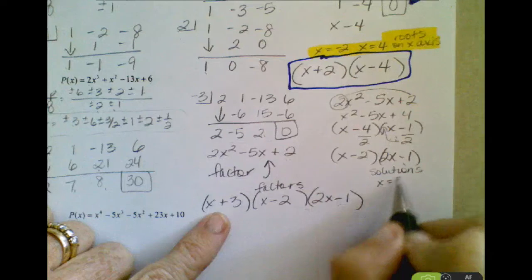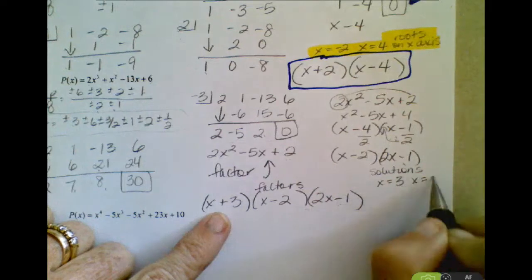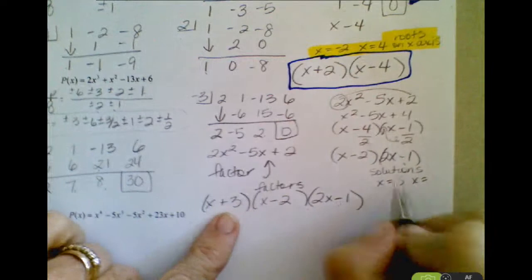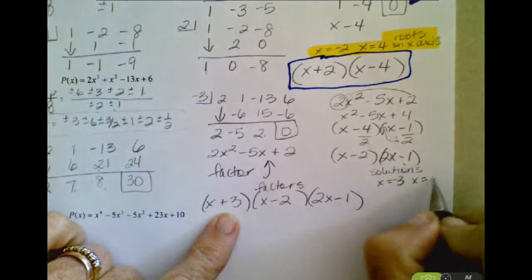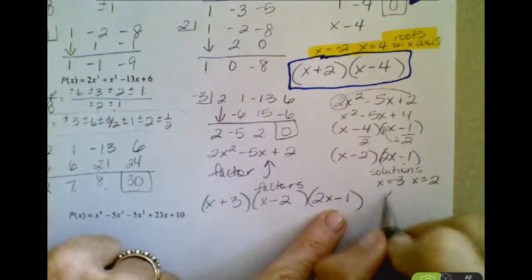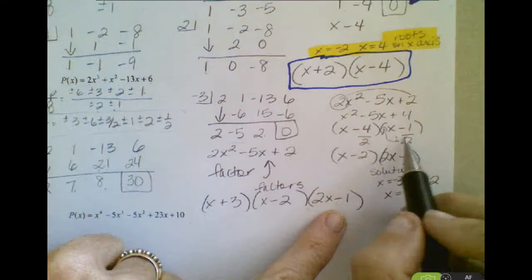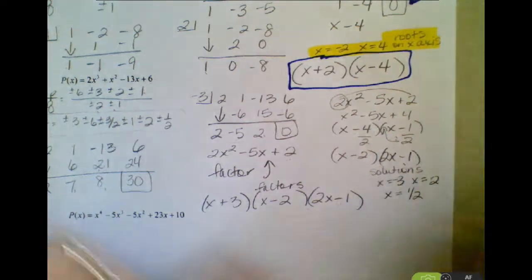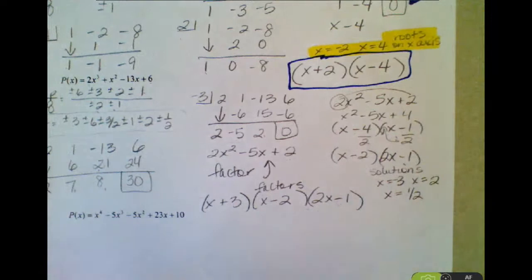So x equals 3, x equals negative 3, opposite of this, negative 3, x equals 2, and x equals the opposite of what this was, 1/2. Okay, so there's our factors, there's our solutions for that problem.